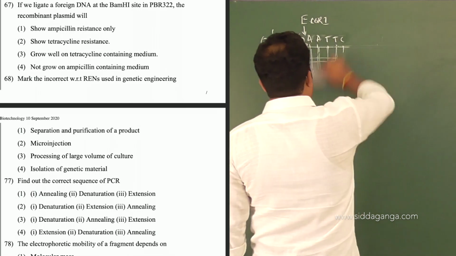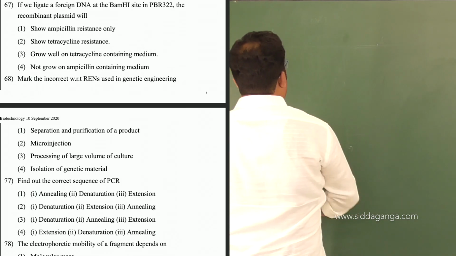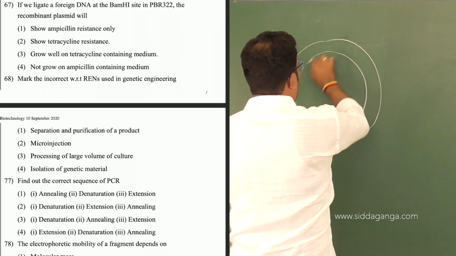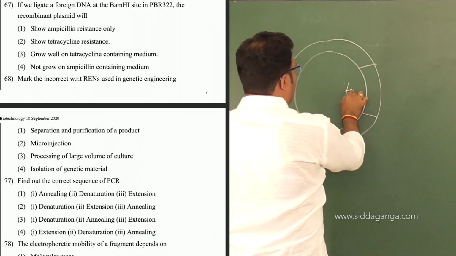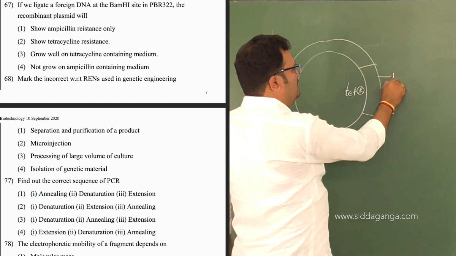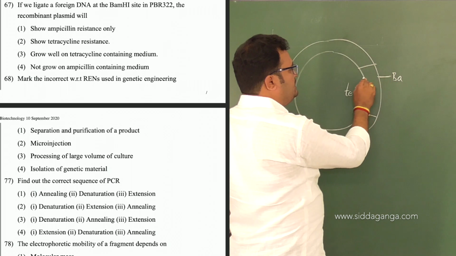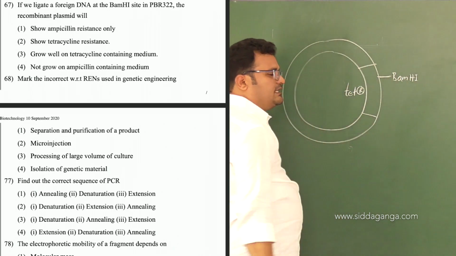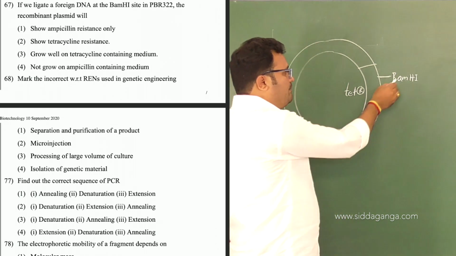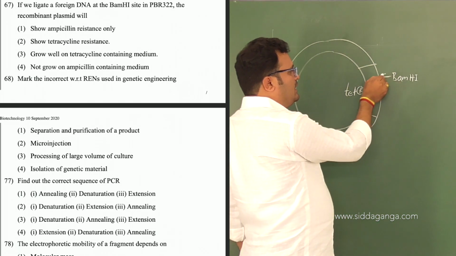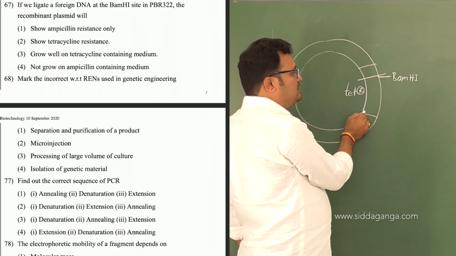In case of pBR322 like this, here the tetracycline resistance gene is here, and this site is said to be the recognition site, that is the BamHI recognition site. So here BamHI will cut the sequence, right? So this BamHI is used to cut the DNA here. Then what happens?